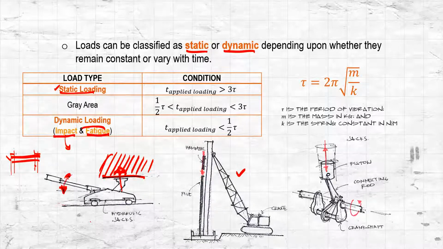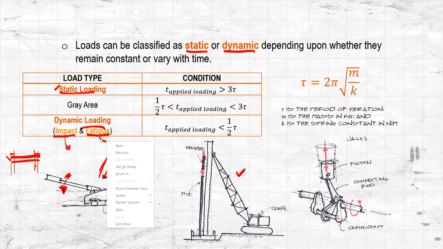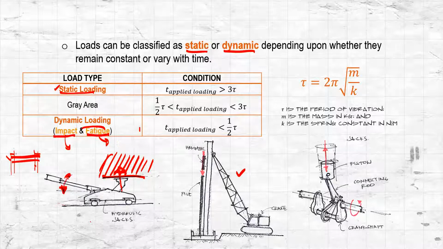Okay, and this fatigue loading, this type of loading, is described as repeated loadings. This one is a sudden increase or sudden load. Another example of these sudden loads is in the threshing cylinder.